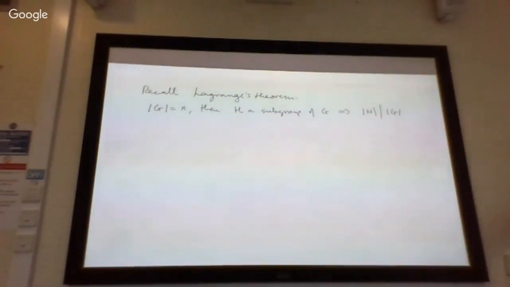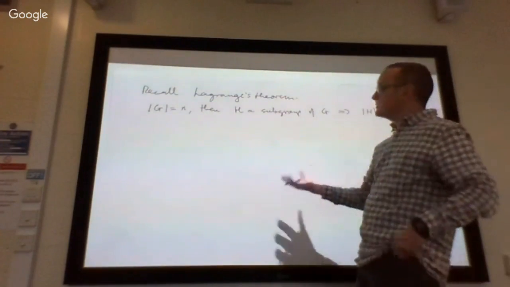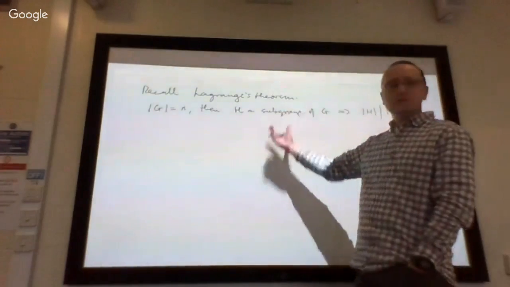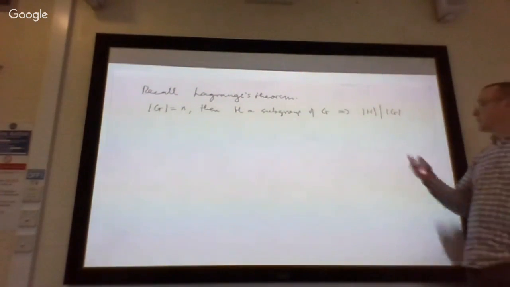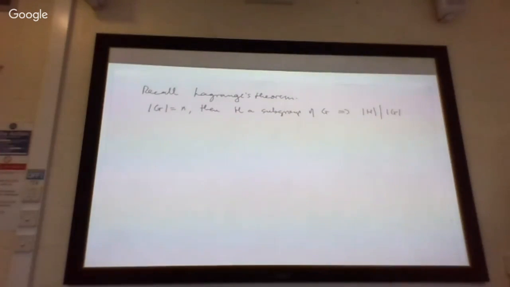As we were discussing it, and as it came up in the coursework, we were describing this as placing limits on the possibilities for subgroups. You can only have subgroups whose size is a divisor of the size of the group, for finite groups.